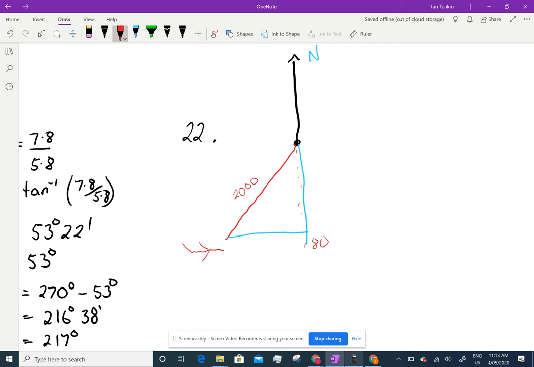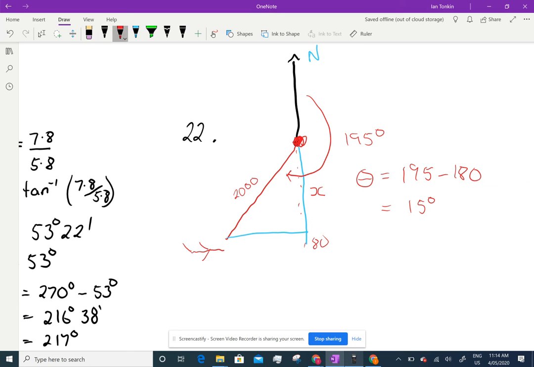And I know that this angle is 195 degrees. So this angle in here, theta, equals 195 minus 180, which is 15 degrees. Now I have to find how far south. So here's the airport up here. I have to find this, so I'm just going to call that X. So now what have I got?